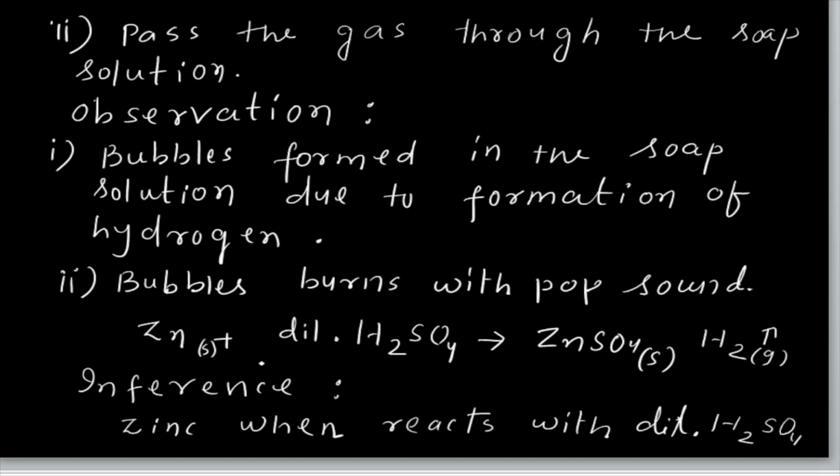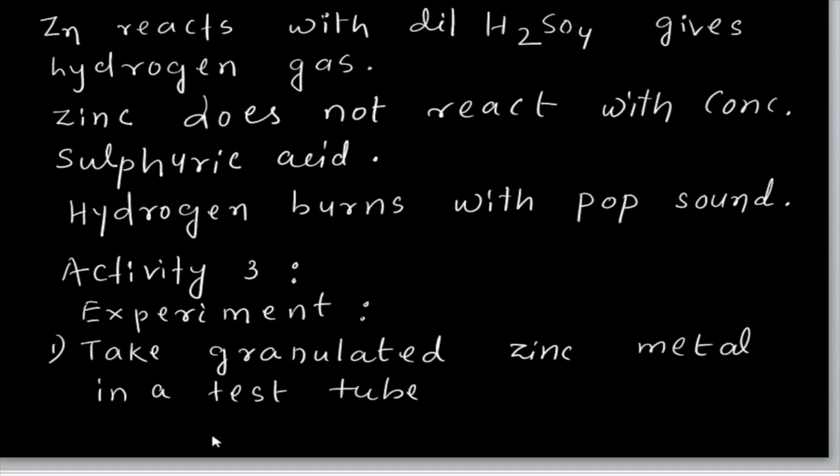So what is the reaction? Zn plus H2SO4 gives ZnSO4, because here it is a gelatinous precipitate. So inference: zinc, when it reacts with dilute sulfuric acid, gives hydrogen gas, and zinc does not react with concentrated sulfuric acid.